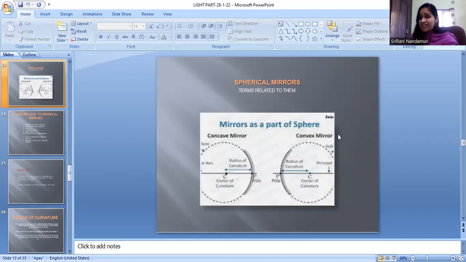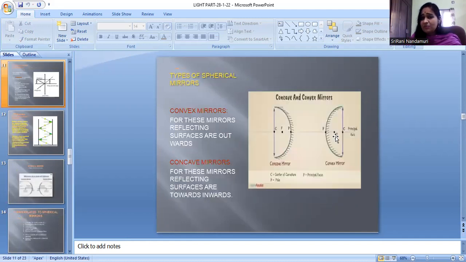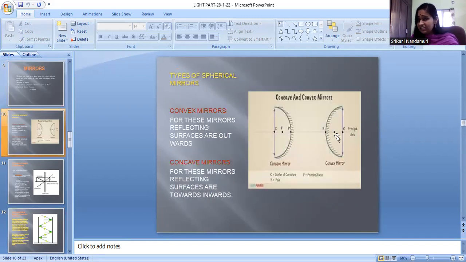Now coming to the spherical mirrors. You already learned that spherical mirrors are nothing but curved mirrors, and these can be classified into concave and convex mirrors. We already discussed what concave mirrors and convex mirrors are in the previous video, part 1.